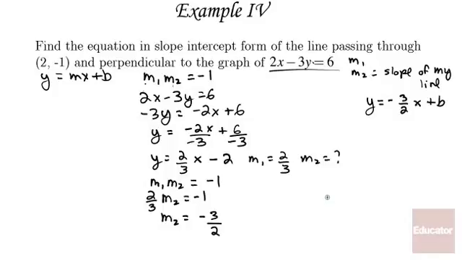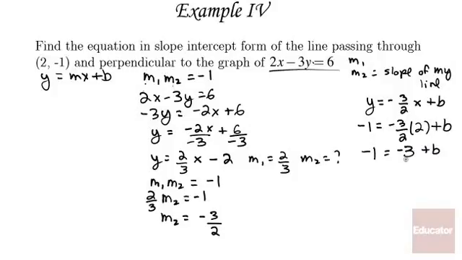I've got slope. I need the y-intercept. Well, I'm also given a point on this line, which means I have an x and y value to substitute here. So y is negative 1. X is 2. So the 2's cancel out, and that's going to give me negative 3 plus b.